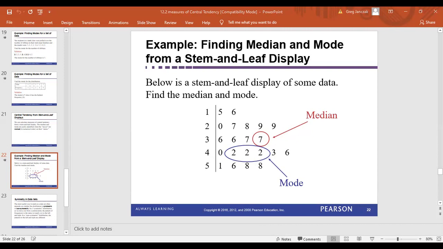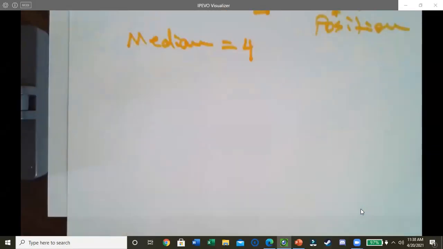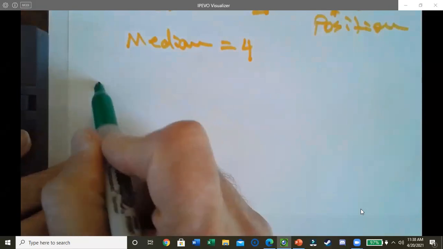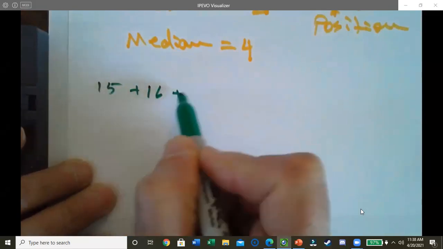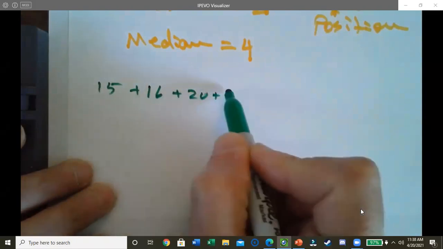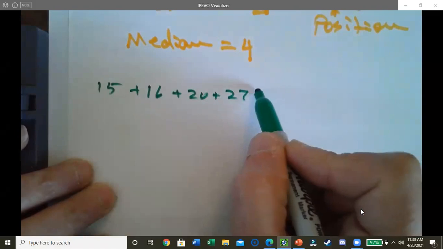So in our stem and leaf display, it's like you're adding up 15 plus 16 plus 20 plus 27, and then so on, plus 28.